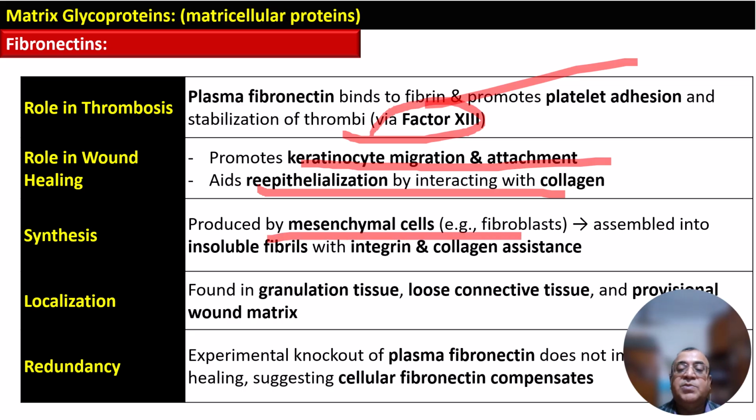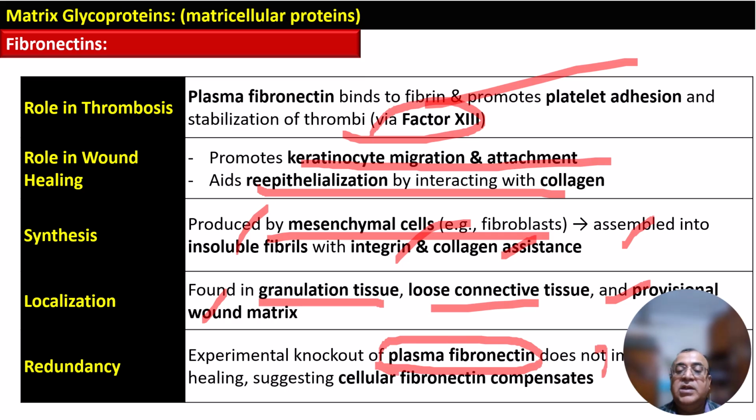The tissue type is produced by fibroblasts and assembled in insoluble fibrils with integrin and collagen assistance. It is localized in granulation tissue, loose connective tissue, and provisional wound matrix. Experimental knockout of plasma fibronectin doesn't alter healing, so there is compensation by the cellular fibronectin.